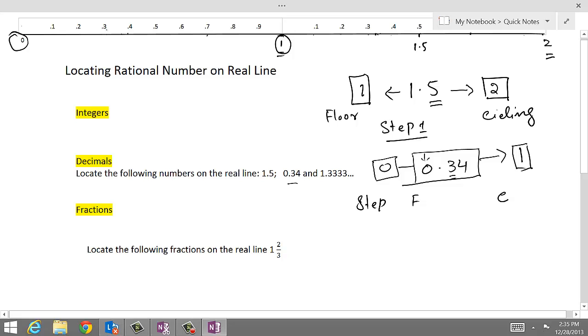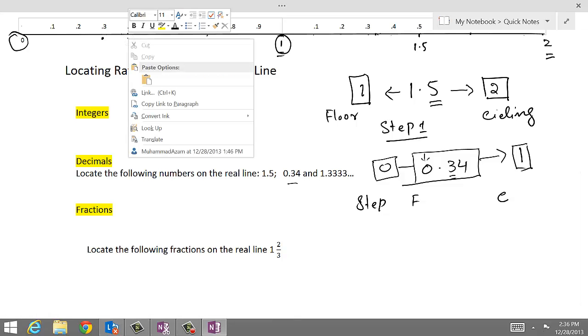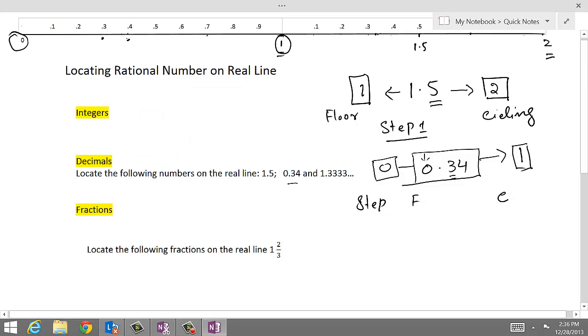And if we again find the floor and ceiling for the second decimal place digit, which is 4, 0.34 lies between which two one-digit decimal numbers? These are 0.3 and 0.4. Both numbers act as floor and ceiling for 0.34.